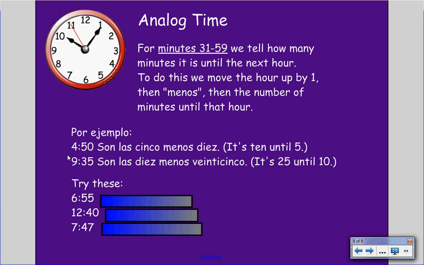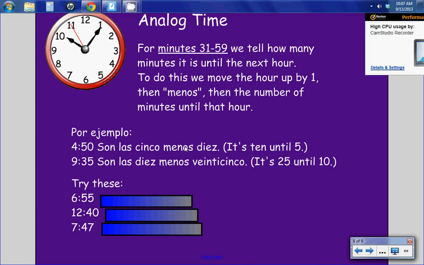So for example, if it's 4:50, you basically want to say it's 10 minutes until 5. So we would say son las 5 menos 10, because it's not 5 o'clock yet. It's 10 minutes until 5. So 5 menos 10 is almost like 5 o'clock minus 10 minutes. Because menos is kind of like minus.